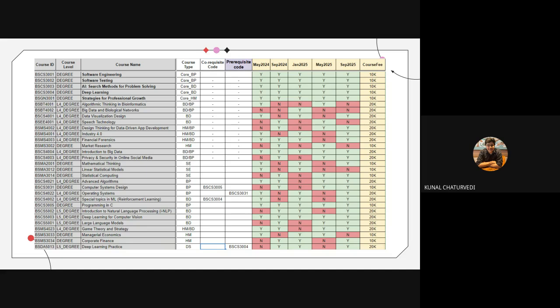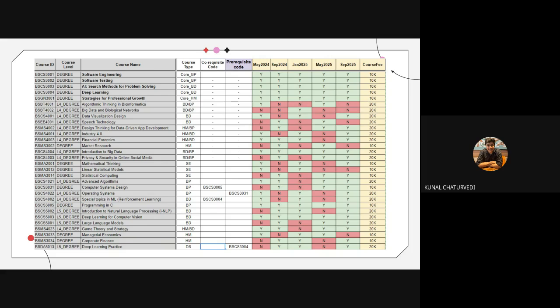And all other things, including this part, become very important at degree level as well, because all your electives are not available throughout the year, apart from these mandatory courses. So whenever you are entering the degree level or planning for these courses, you have to check the course availability for that specific term, or if you are planning one year ahead, for all of January, May, and September, you have to confirm all of this.